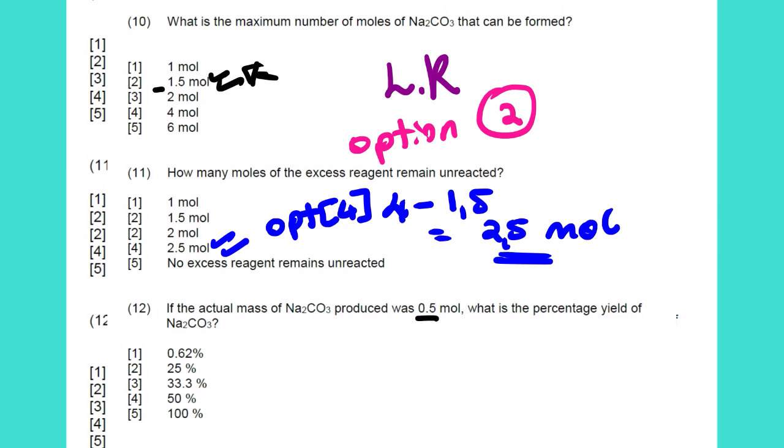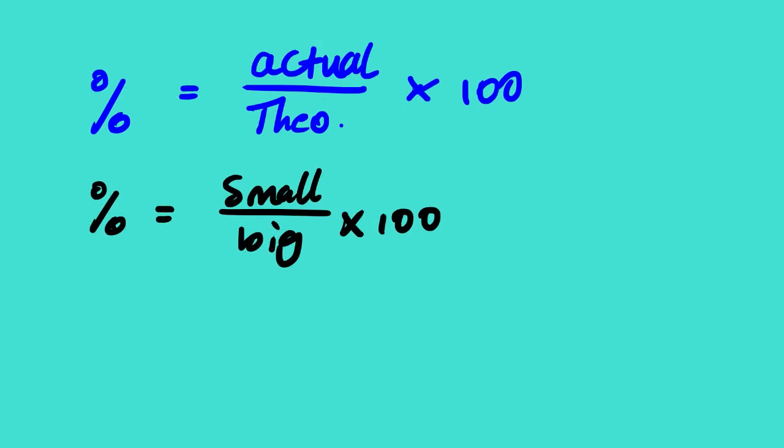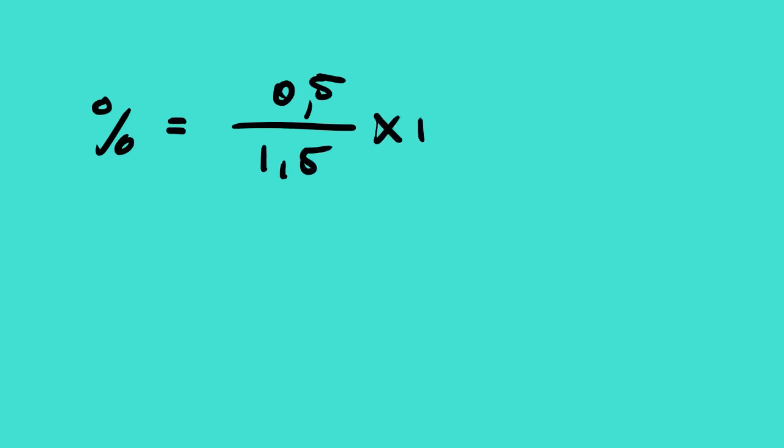So you can see that 1.5 and 0.5, this is smaller than this. So if this is the actual, then this will be the theoretical. Or if it happens that you forget, you don't have to write this equation. You can simply substitute right away. You have 0.5 divided by 1.5 multiplied by 100.